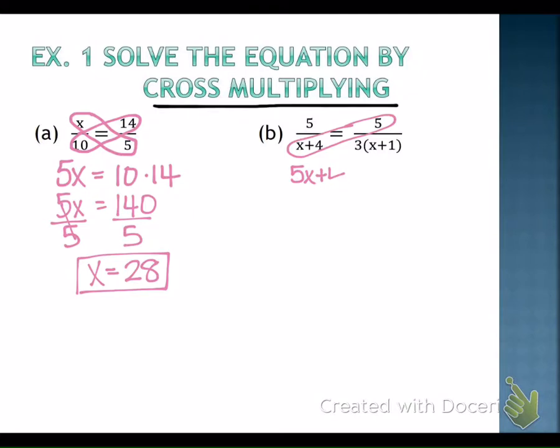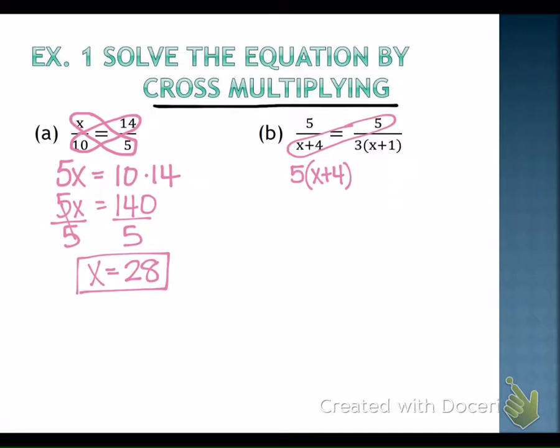So remember, when you're multiplying a number or a monomial of any type times a binomial, you always want to put the binomial in parentheses because it's 5 times x plus 4. And we've learned in this chapter, x plus 4 is one piece. It's not an x and a 4, it's x plus 4. So we want to make sure we keep those binomials in the parentheses.